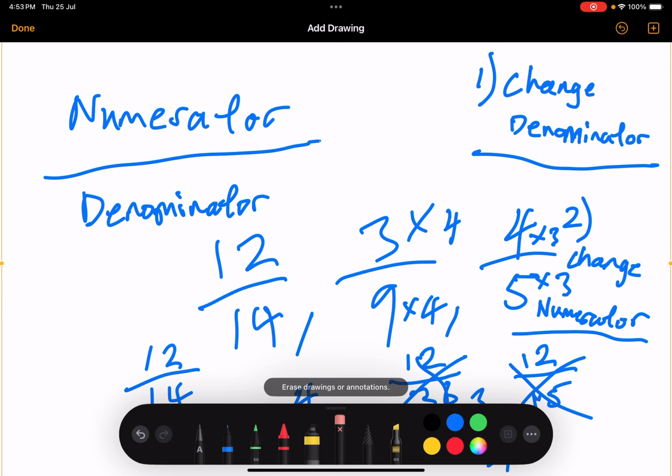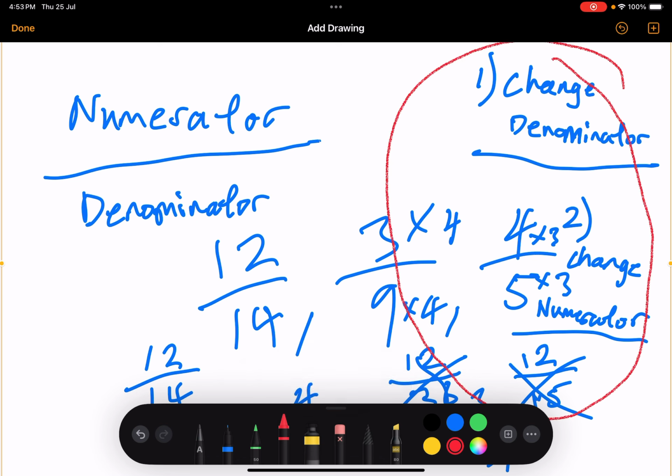And you need to memorize these 2 steps. Okay, these 2. It may seem a little messy, but don't mind it.